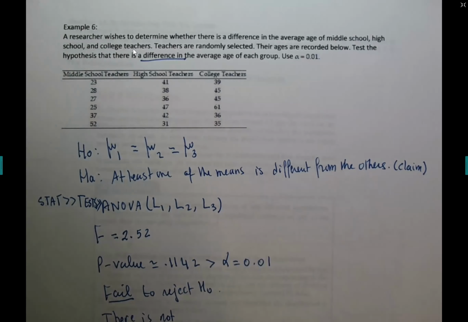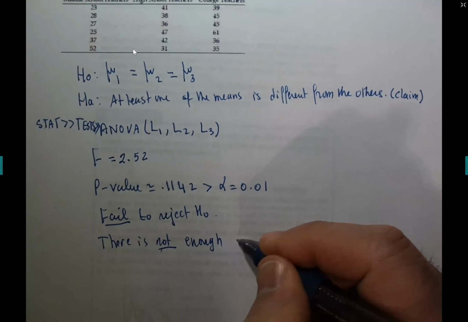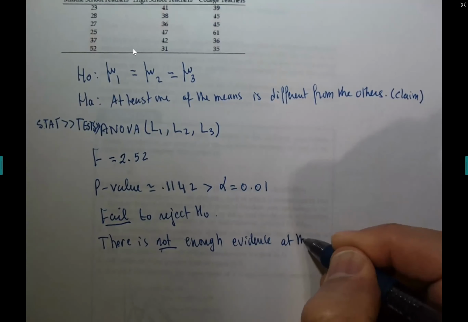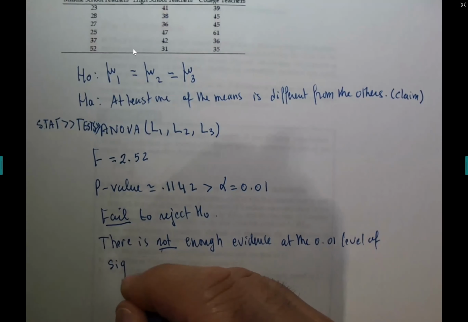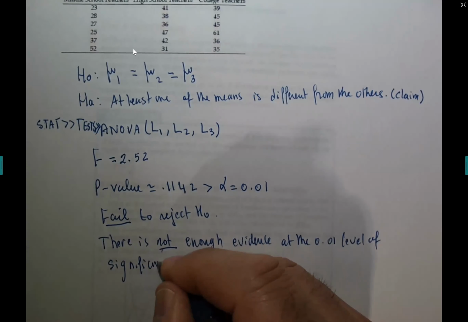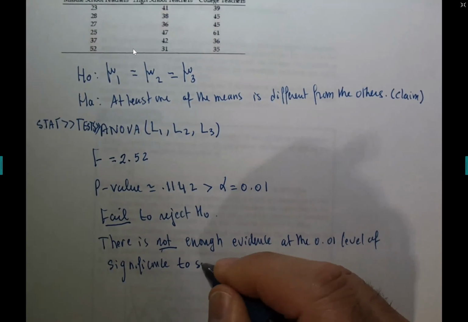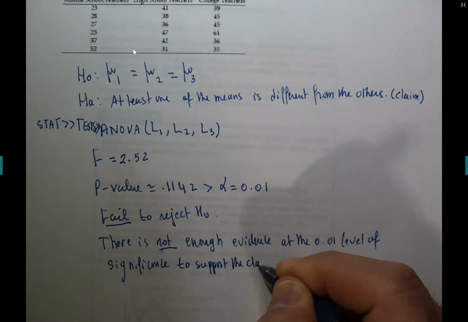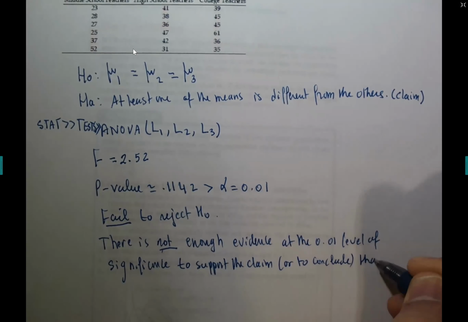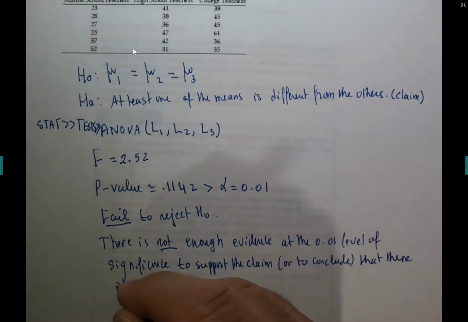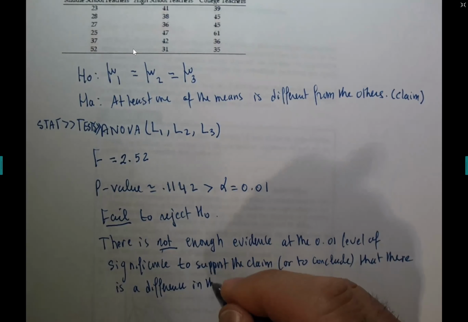There is not enough evidence at the 0.01 level of significance to support the claim, or to conclude, if you want to use the word conclude here, that there is a difference in the average age of each group.